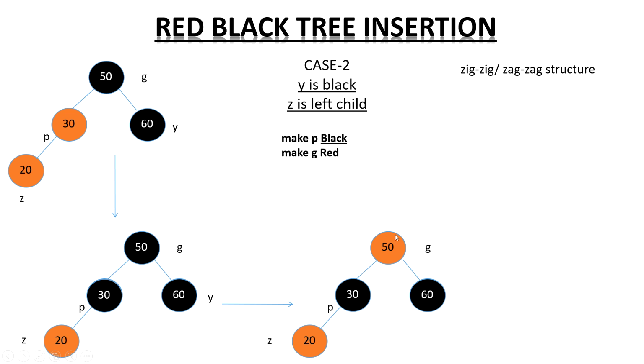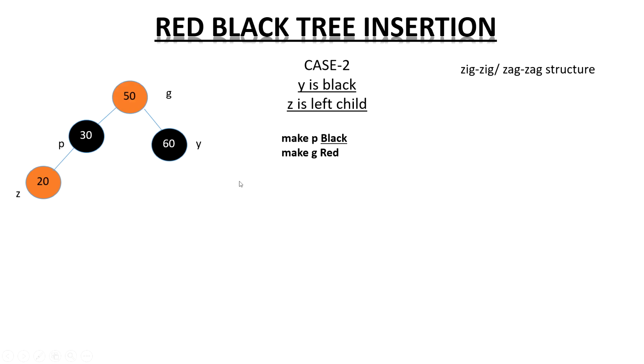If we actually make the node G rotate to the right, then it may be possible that the problem is resolved. Okay, so let's try this. There's a violation of the black height property, so we have to right rotate G. So let's see what happens here.